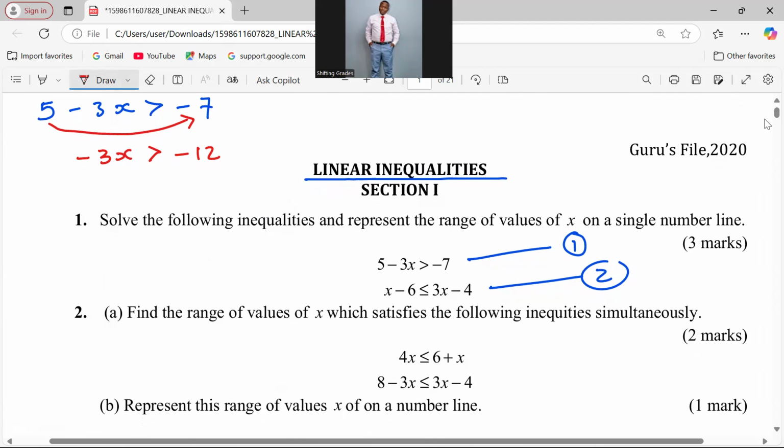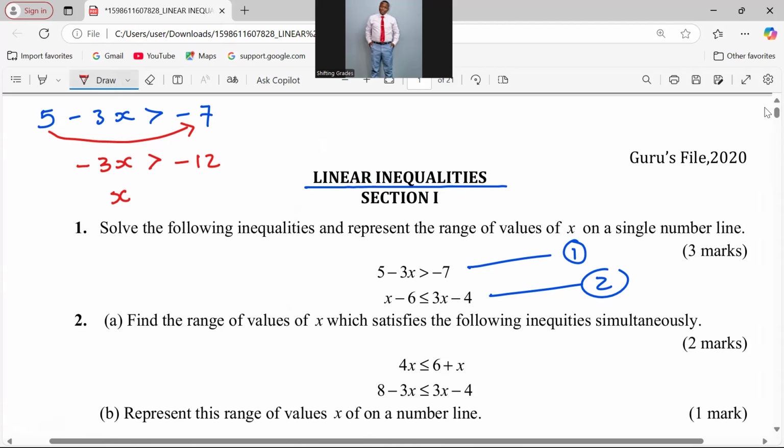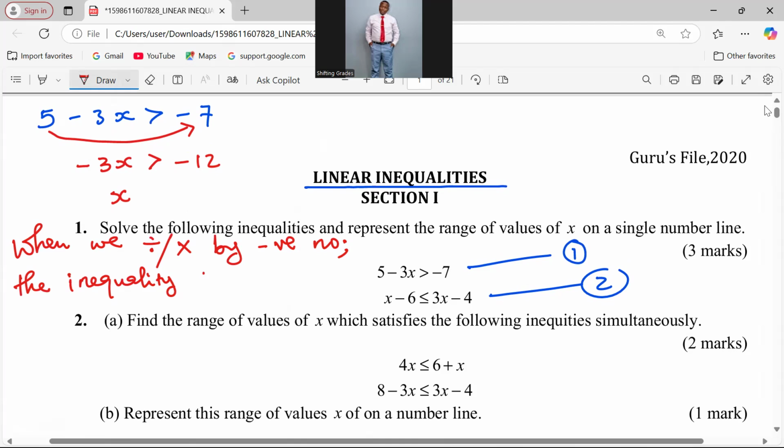Now we are supposed to divide through by negative 3, so that we remain with x here. But something very serious that we're supposed to note is that when we divide or multiply by a negative number, the inequality symbol reverses.